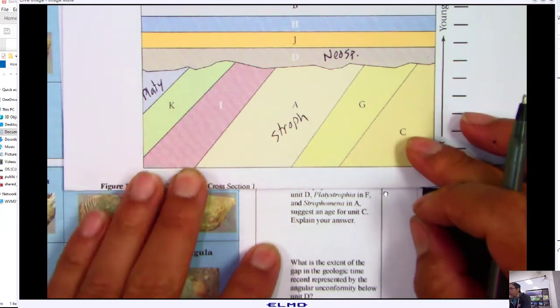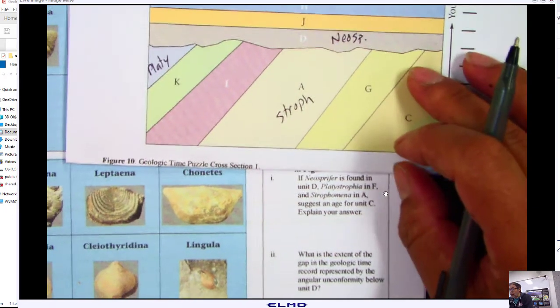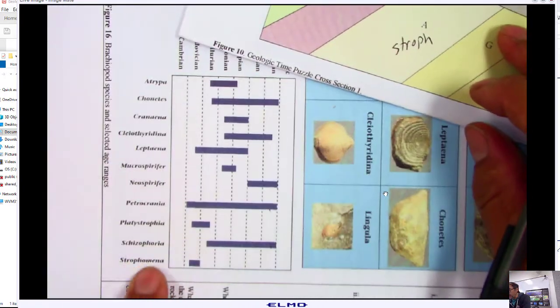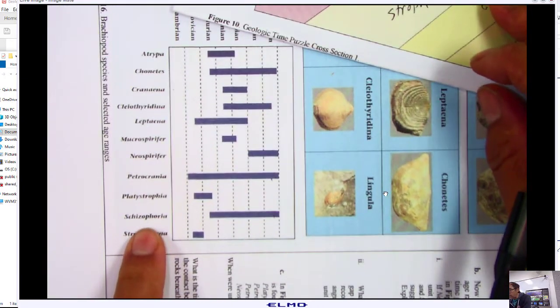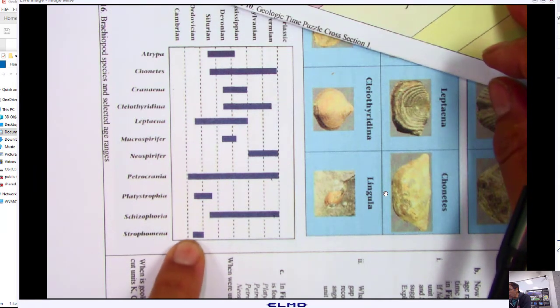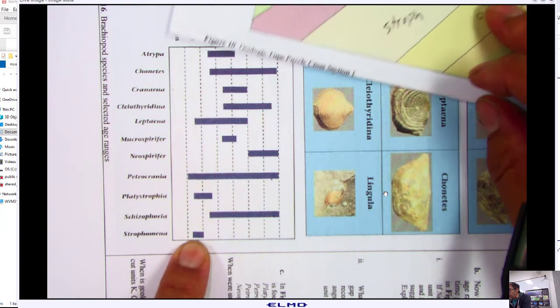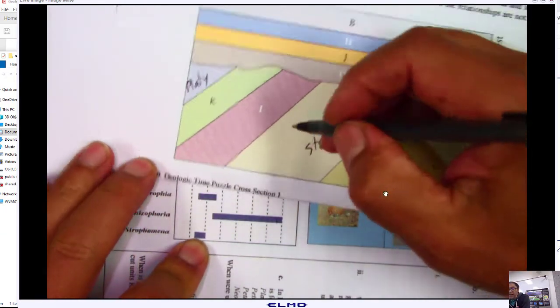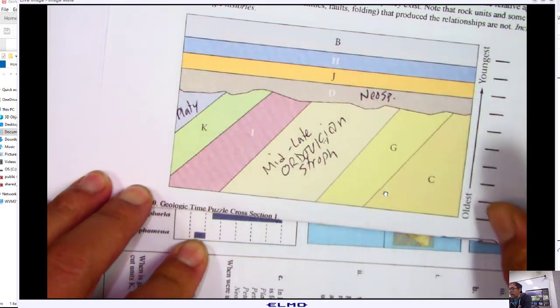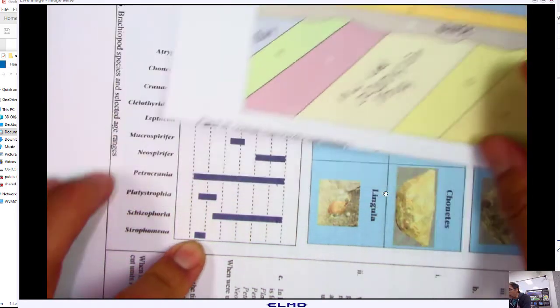Explain your answer, right? All right, so Strophomenia, if we go back over here, in fact, we can look at it this way. Strophomenia has a very short duration, so it's a good index fossil. So it's only a mid to late Ordovician. So this would be mid to late Ordovician. What about Platystrophia?